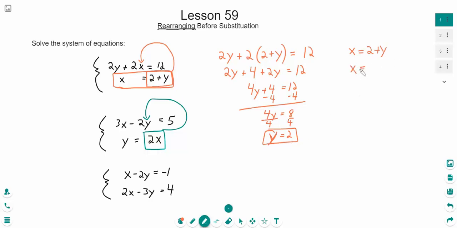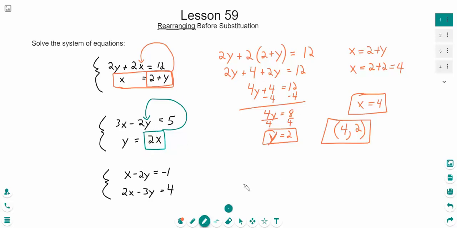So we have x is equal to 2 plus 2, which is equal to 4. So x is equal to 4, y is equal to 2, so our ordered pair is 4, 2, because remember, when we have an ordered pair, we always write the x first. So 4, 2 would be the solution to this system of equations.